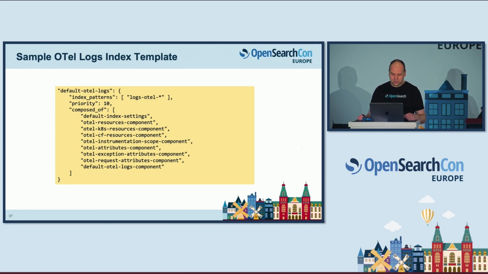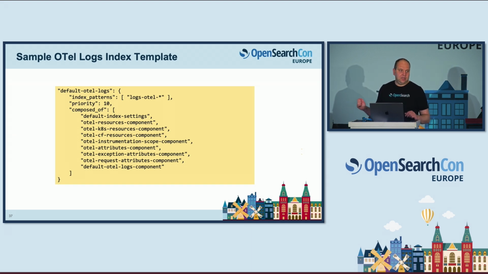Then there's the default instrumentation scope component. Usually it's not necessary to have custom ones for specific use cases. Then the attributes one, and then I added two to explain a little bit more what attributes could be. One is for exceptions. There is an exception attribute namespace that has the exception type, the message, the stack trace, something like this. And of course request attributes. If you think what a request log entails, that is a long thing.